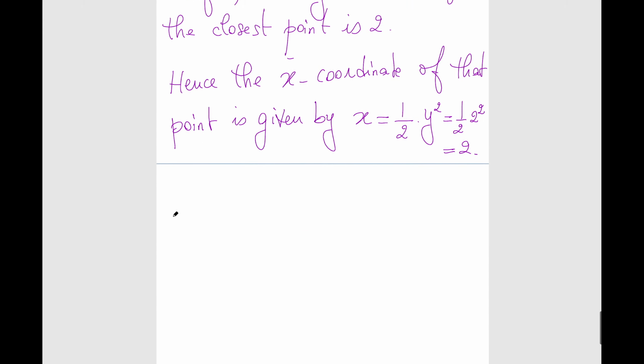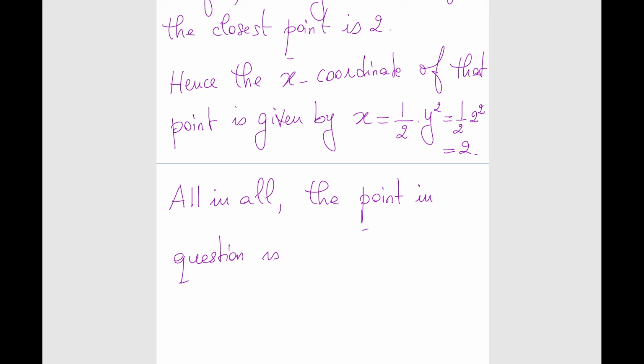So it's 2 comma 2. So all in all, the point in question, by point in question I mean the point which is closest to 1 comma 4, and that point belongs to the curve y squared equals 2x, happens to be 2 comma 2. All right, okay, so this is the end of this section.